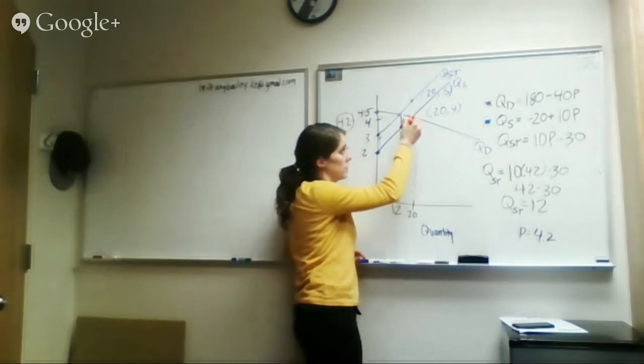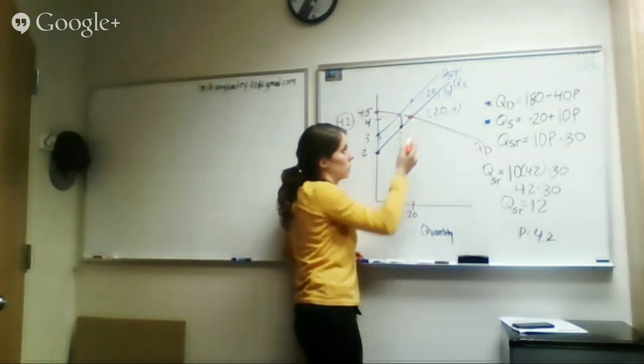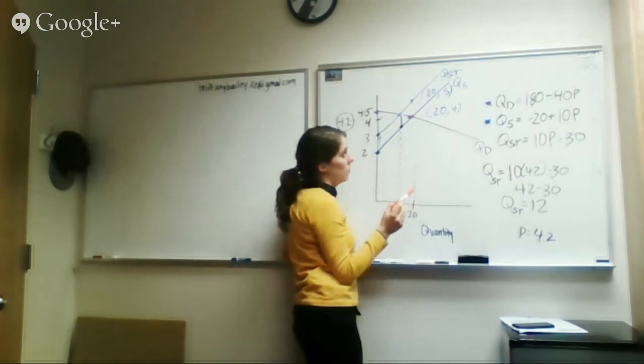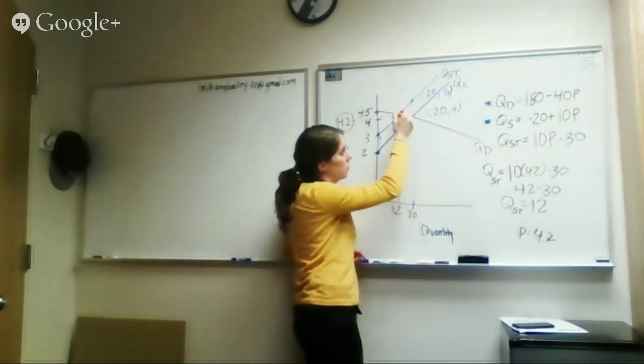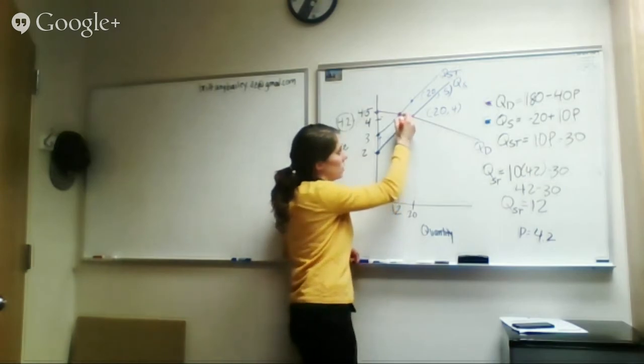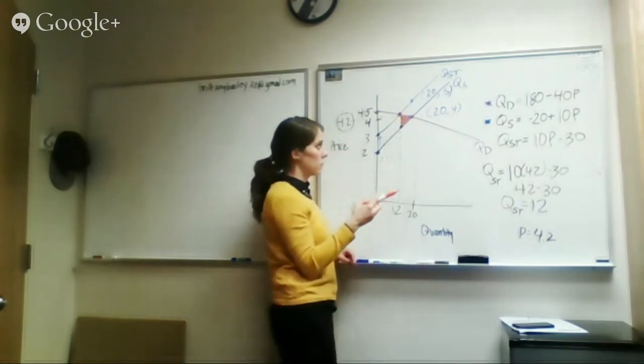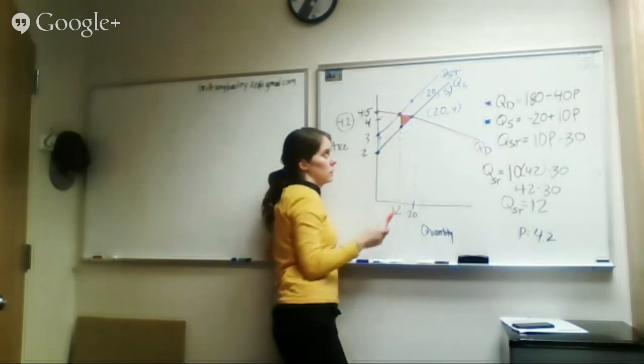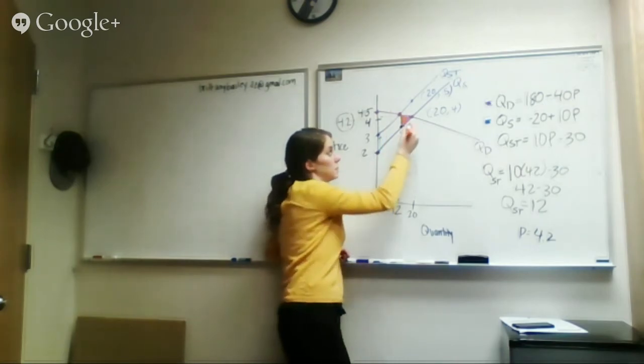So true equilibrium is here. But now this is the equilibrium that we're finding. And so this additional quantity is not being produced anymore. This is all lost. The quantity went down, so that's the deadweight loss there.